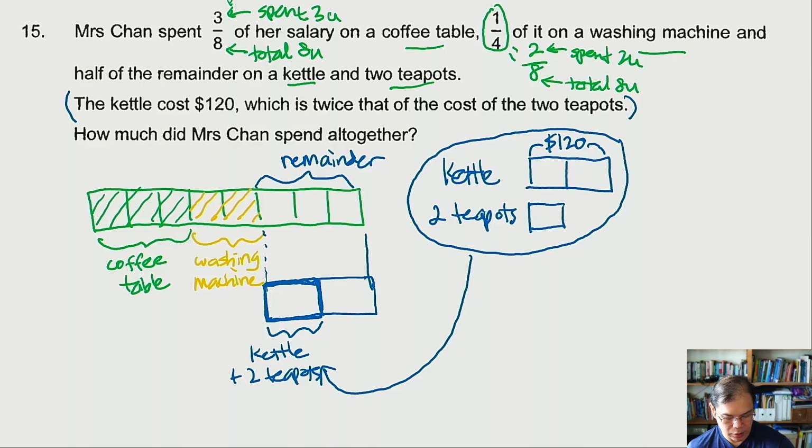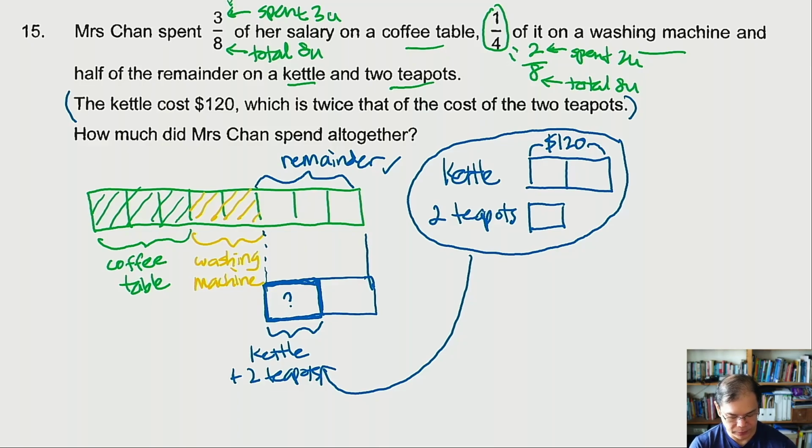So if I know how much is this, I fill in. If I know how much is this, I can find out my remainder. Once I find out my remainder, I can find out how much I spent for the washing machine and coffee table. Then I just add up everything together, right?